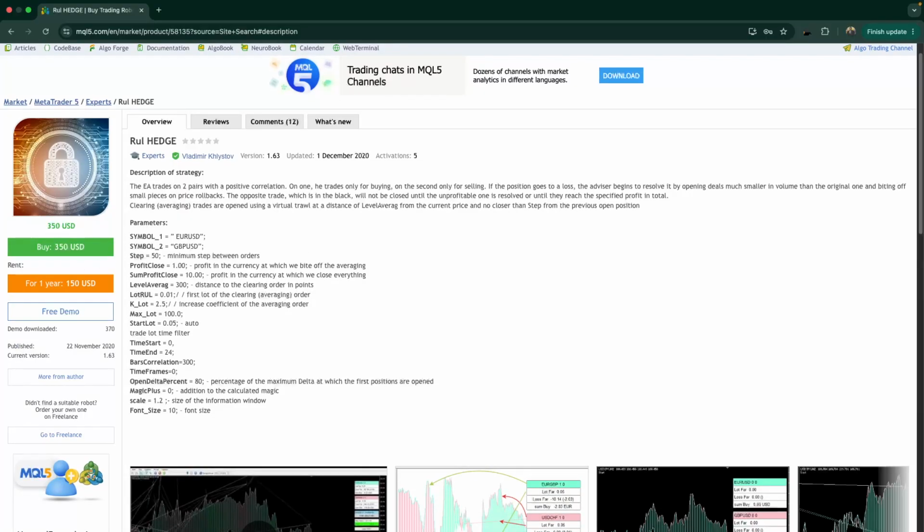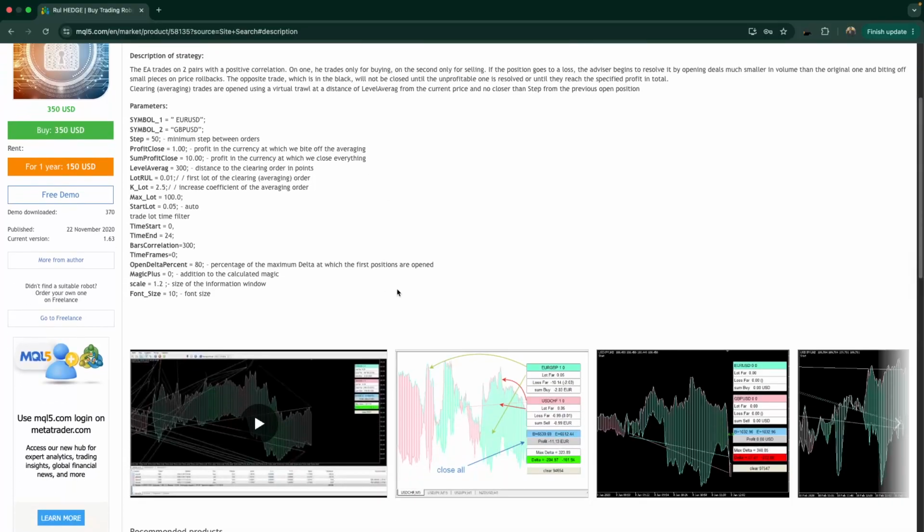Now, clearing trades use a virtual trading logic at level average distance, also respecting the minimum step between orders. It waits for sufficient divergence based on open delta percent before entering initial trades. Now, the idea is to profit from temporary divergence in correlated pairs like EURUSD and GBPUSD, while the averaging helps manage the losing side gradually.